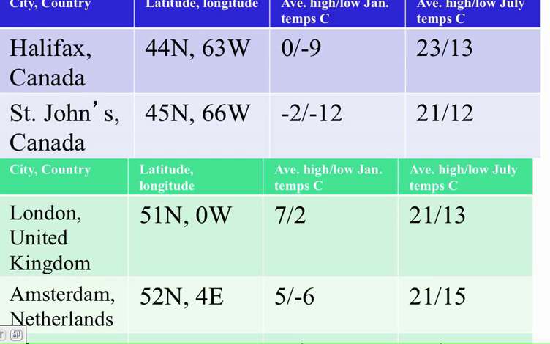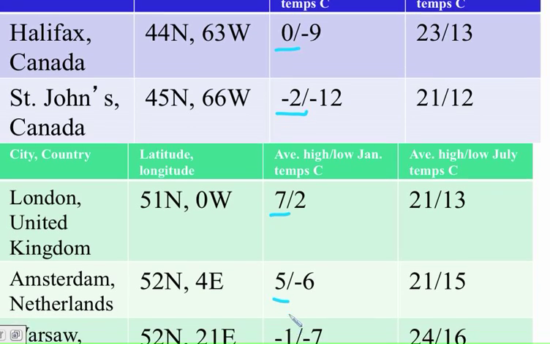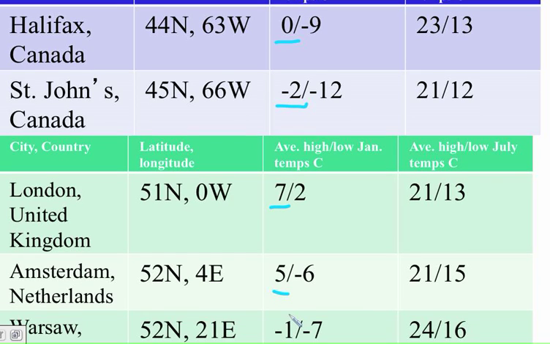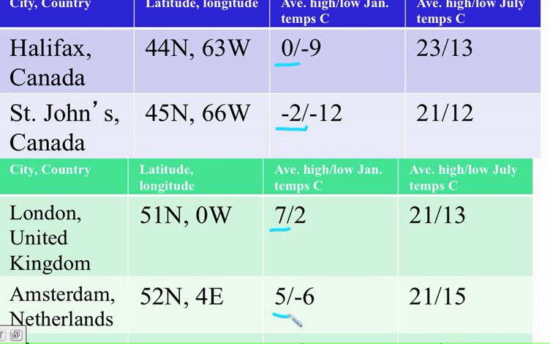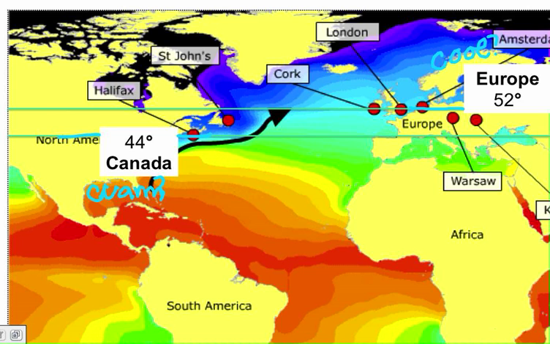But if we look at the actual data, we're going to notice that the Canadian average high temperatures are close to 0 and 2 degrees compared to the coastal cities of Europe having temperatures of 7 and 5. So what's causing those higher-latitude cities to have warmer temperatures? As we can see here, there's a current moving from the Gulf of the United States up the eastern coast and crossing over to Europe. What that does is bring warm water across to Europe, all the way from the Gulf.